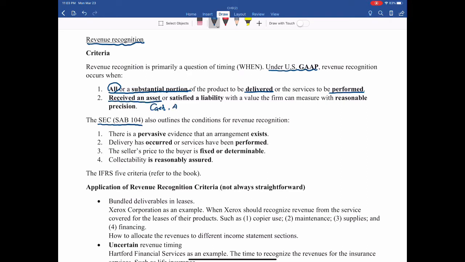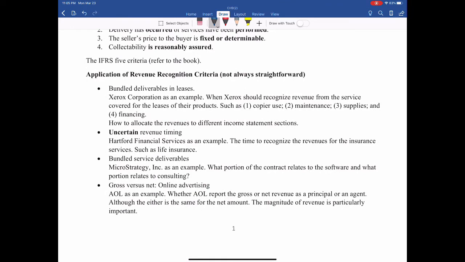This can be cash and receivable, or satisfied a liability, for example, unearned revenue, and the amount can be measured with reasonable precision. SEC provides a similar guideline. Most sales revenue meet these criteria, but some sales revenue could be very tricky. This may mislead the investors or financial statement users. So here I provide several examples.